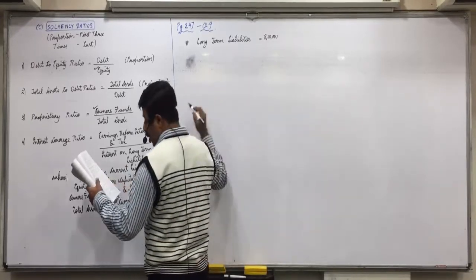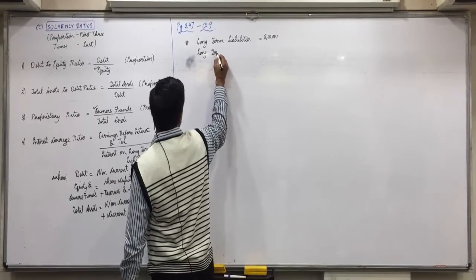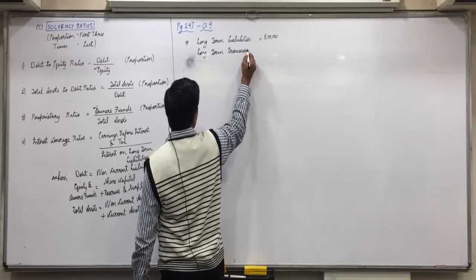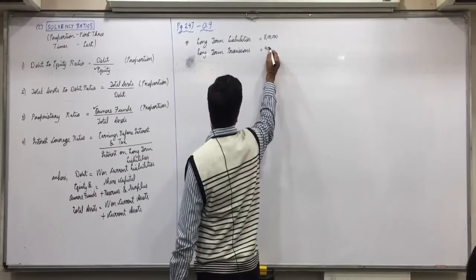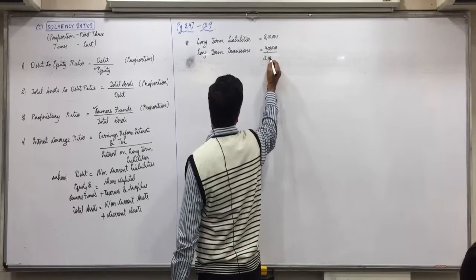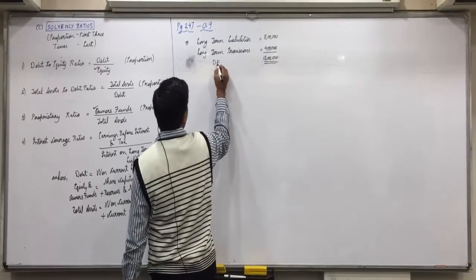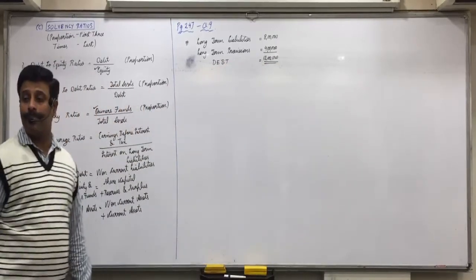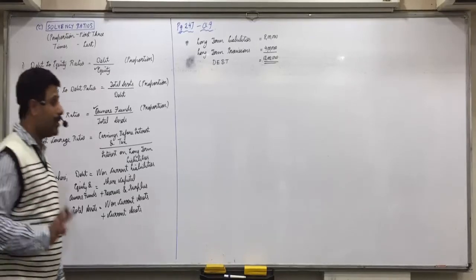Then long-term provisions, 4 lakhs. 12 lakhs is debt. Any confusion in this? All the non-current LOL items will be included in debt.